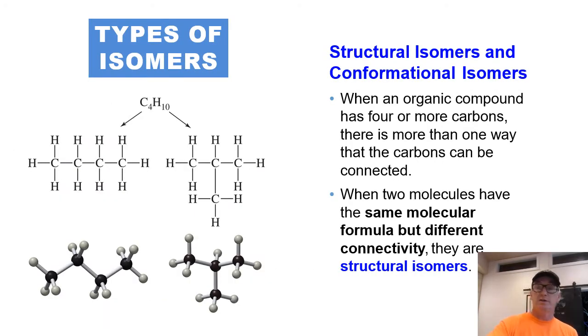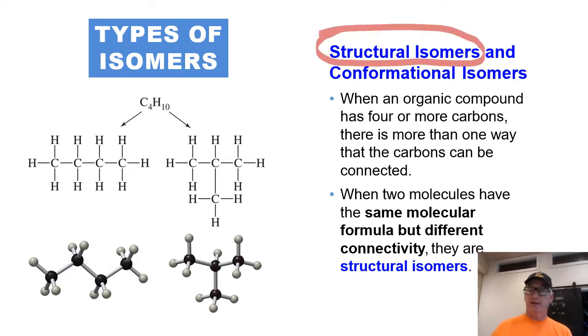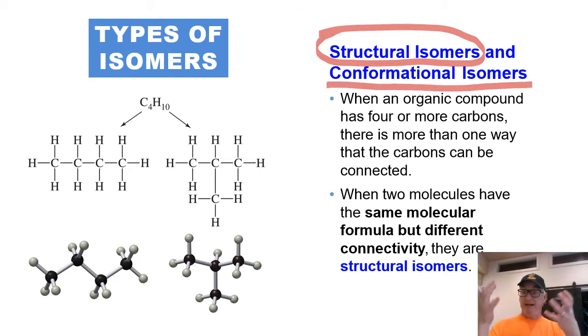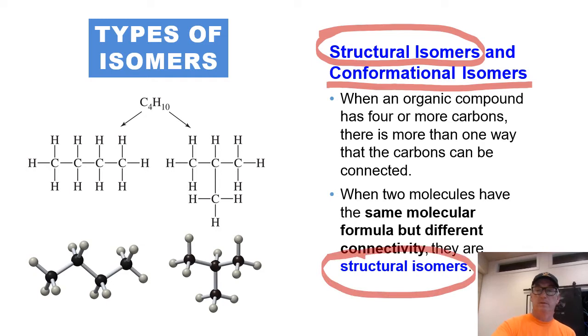Now, we can also have structural isomers like I showed you before, and we can have conformational isomers. Conformation meaning shape. Now, we look at these two. Again, this is the butane example we had before. They are structural isomers because the carbons are different.